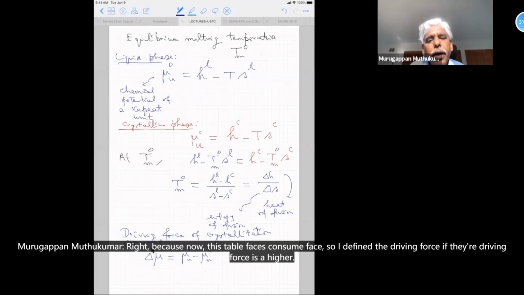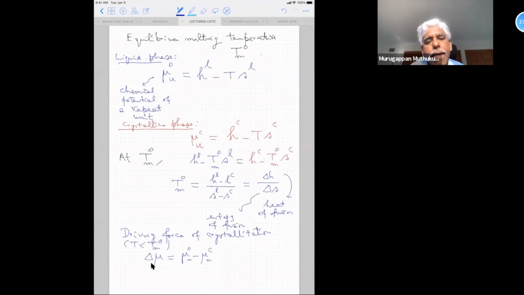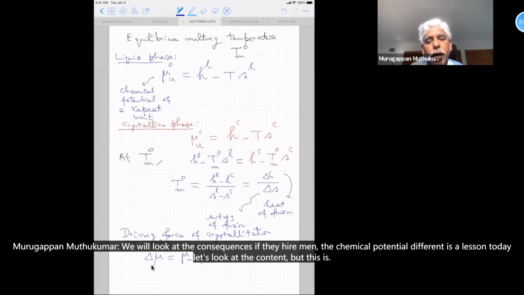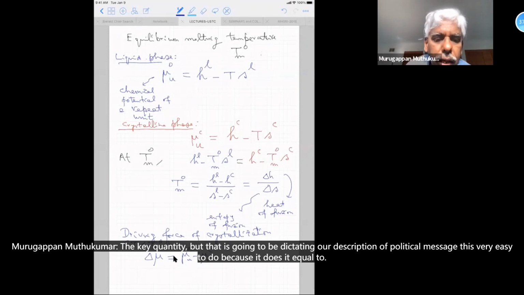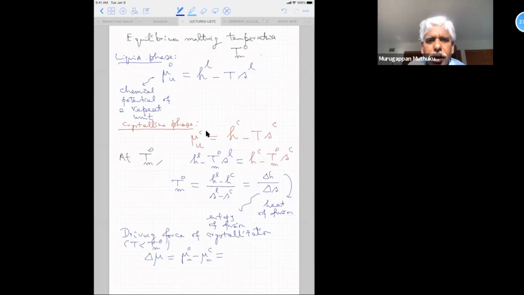So I define the driving force. If the driving force is higher or lower, we'll look at the consequences. But this is the key quantity that is going to dictate our description of polymer crystallization. This is very easy to evaluate.